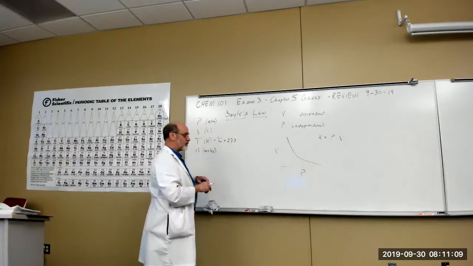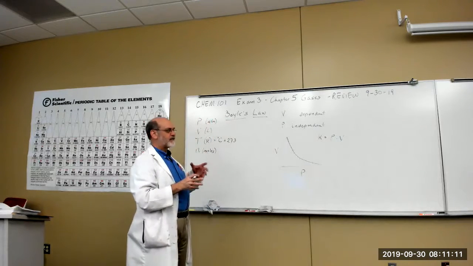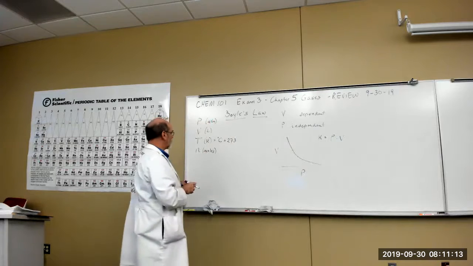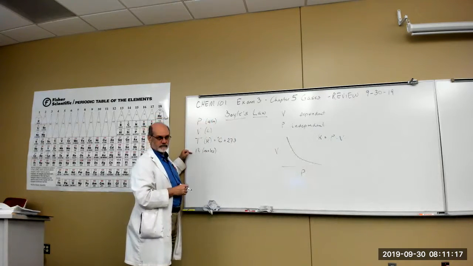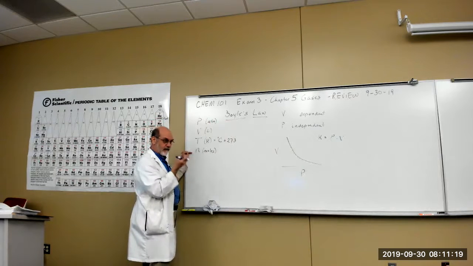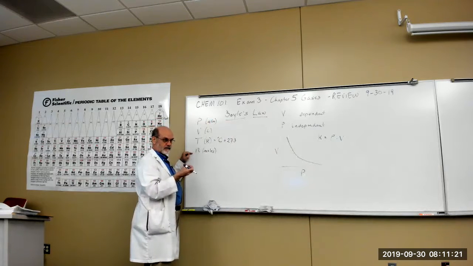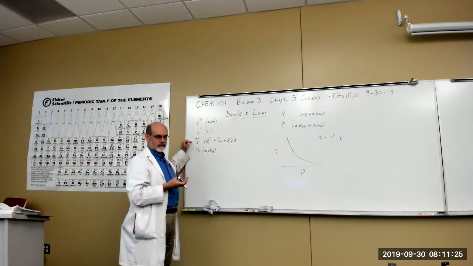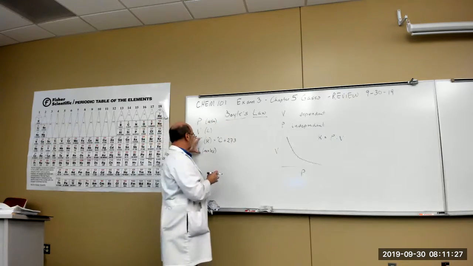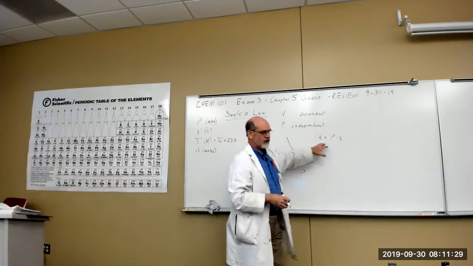Okay? If you change any conditions, then that constant will change. And those conditions are temperature and number of moles. So you have to have the same amount of gas in the container, and it has to be held at a constant temperature. If those two are constant, then this relationship holds.